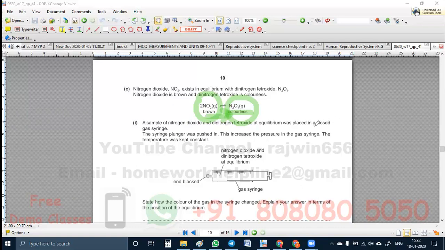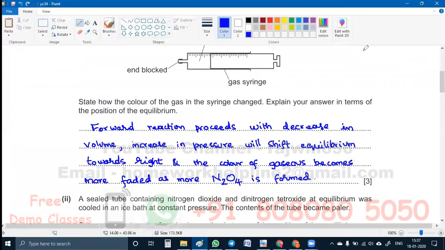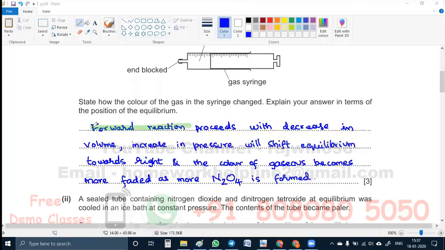I'm going to write this answer down and you are going to take it down, and if you have any questions you can ask me. So this is what I have written in the answer. Forward reaction proceeds with decrease in volume. Increase in pressure will shift the equilibrium towards right.